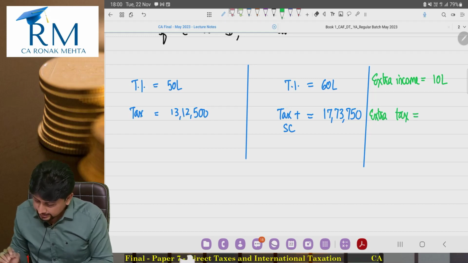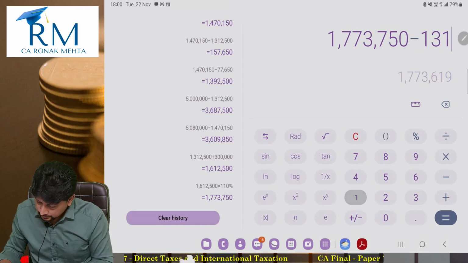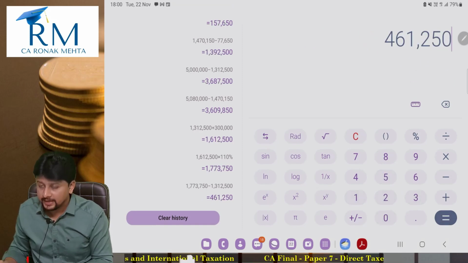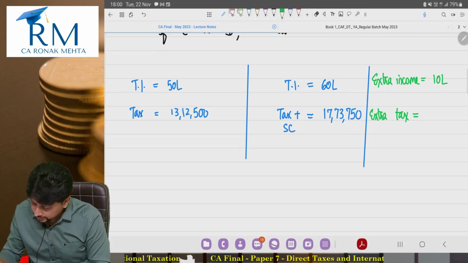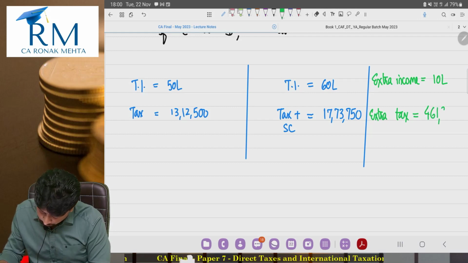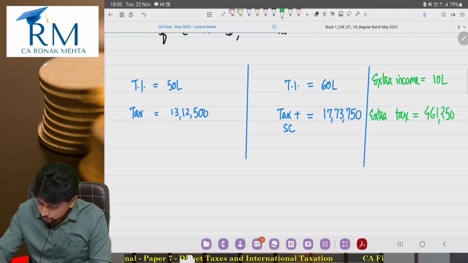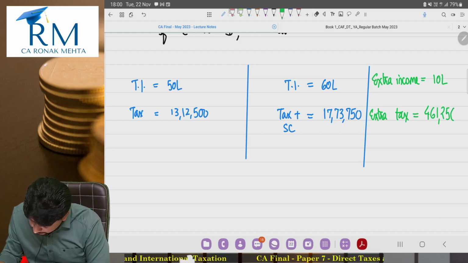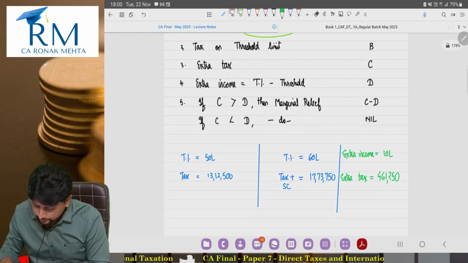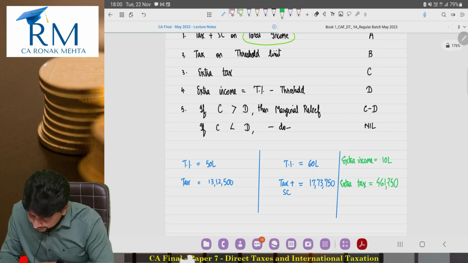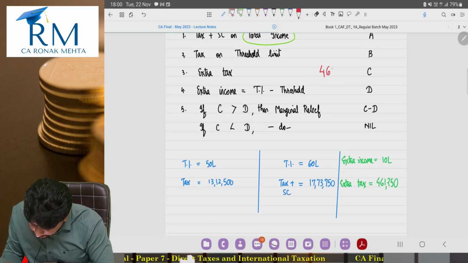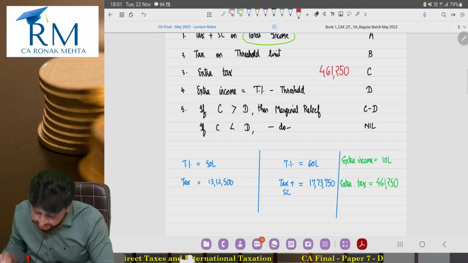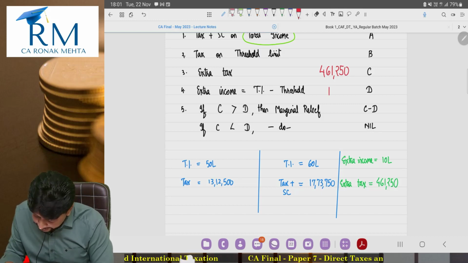So extra tax is 4,61,250. Now let me just zoom out a bit. 4,61,250 is my extra tax, and this is the extra income.